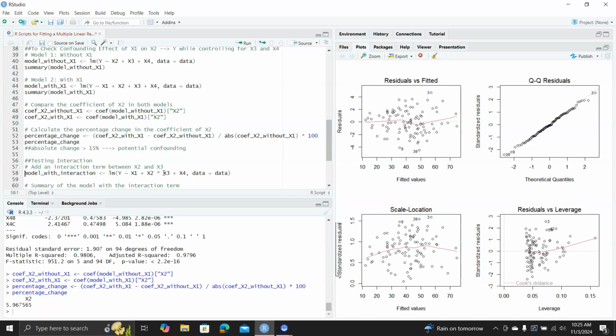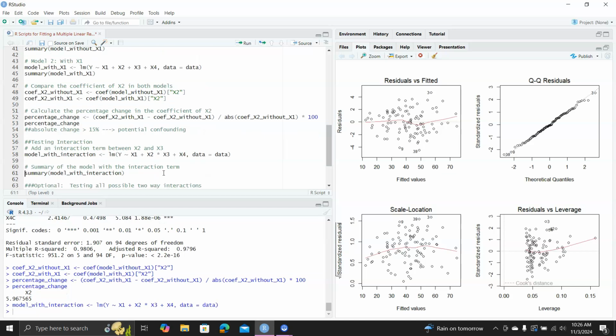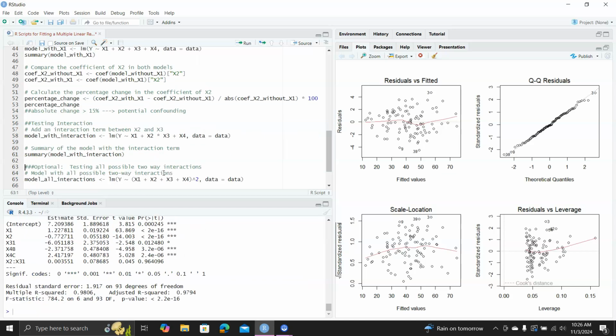So, for example, if we want to test whether there's interaction between x2 and x3, then we can simply add x2 times x3 as an additional interaction term to the model, and then we can print out the summary, and you can see there's the main effects model with x1, x2, x3, x4, and then there's the x2 and x3 interaction term.